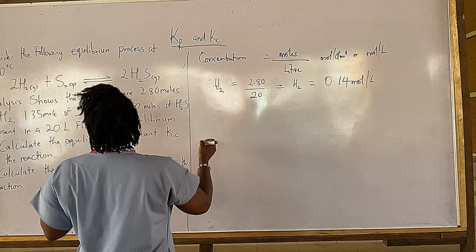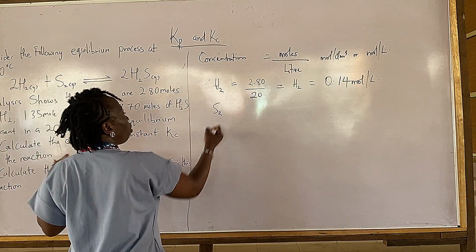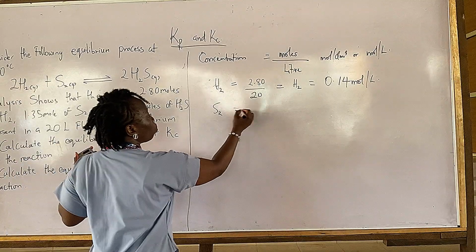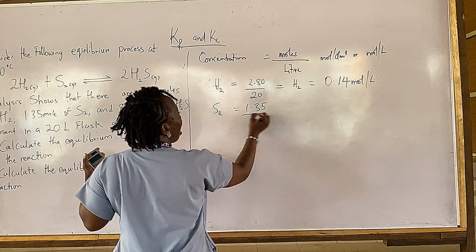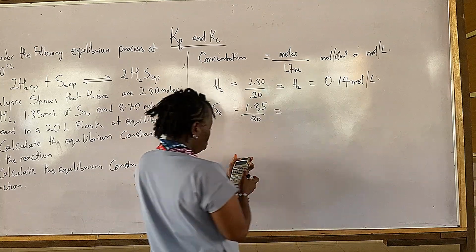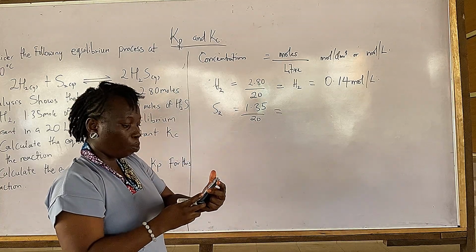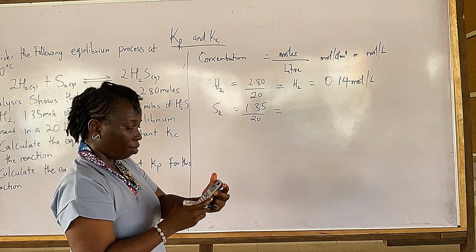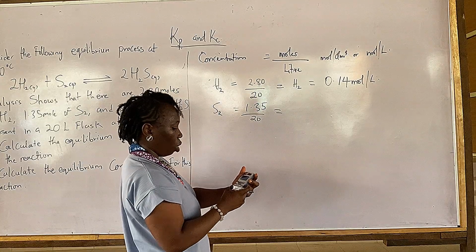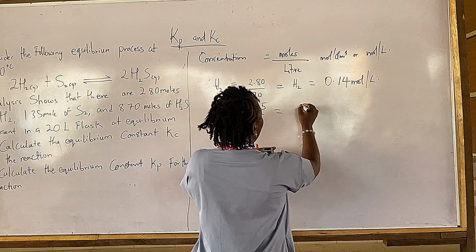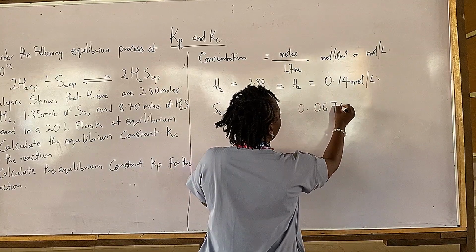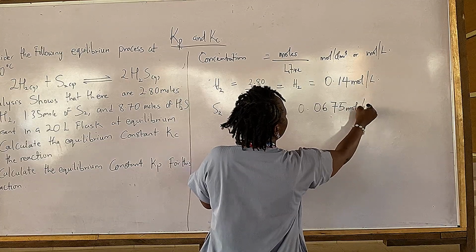Apply the same for sulfur, and that is 1.35, and the liter is 20, which is equal to what? The concentration will now be 1.35 divided by 20, and that will give us 0.0675 mole per liter.